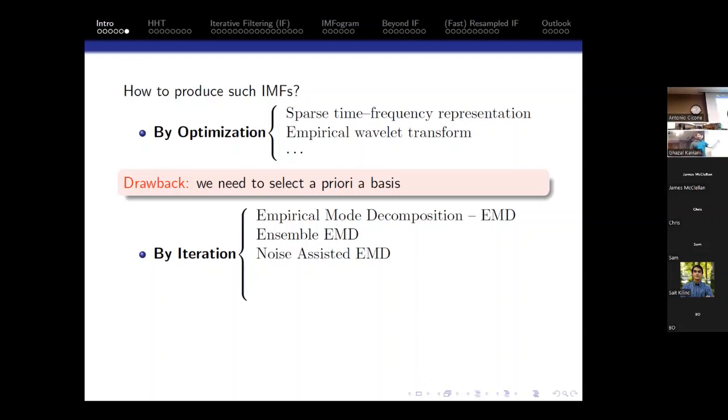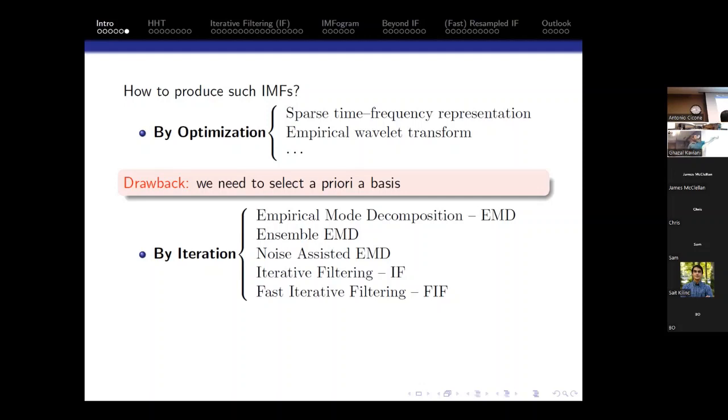The other alternative iterative method is what is called iterative filtering, which is the technique developed here at Georgia Tech, at the School of Mathematics. And that's where I started working on this field, because I met the researcher that developed the method, and I helped further develop it, analyze it mathematically and accelerate it.